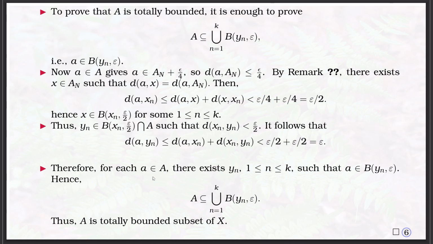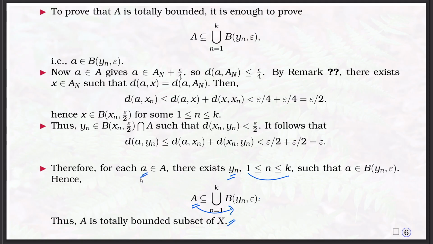Therefore, for a belonging to A, there exists y_n, n in 1 to k, such that a belongs to the ball of y_n comma epsilon. Hence, A is a subset of the union over n from 1 to k of the balls of y_n comma epsilon. So A is a totally bounded subset of X.